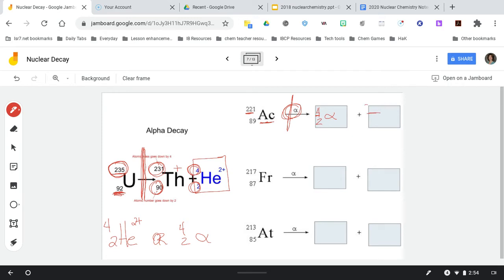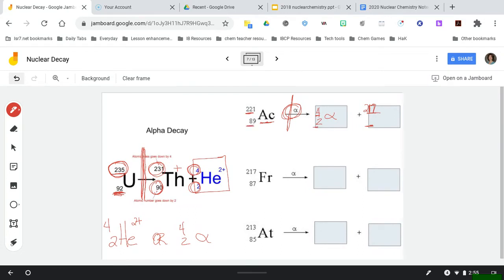The answer is 217. Okay, so 217 is my mass number on top of this particle. Maybe rewrite that a little bit more easily so it can be more easily read. So there's my 217. Now I have to determine what number is going to go in the bottom.